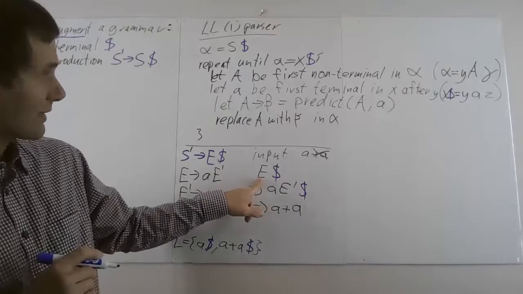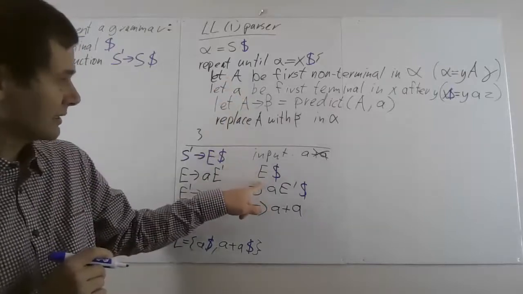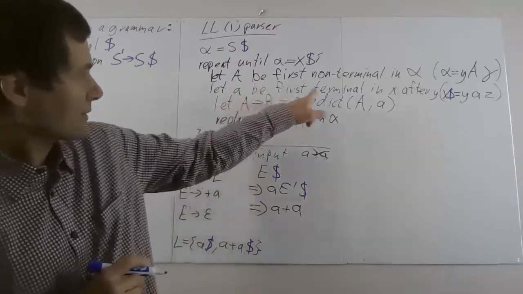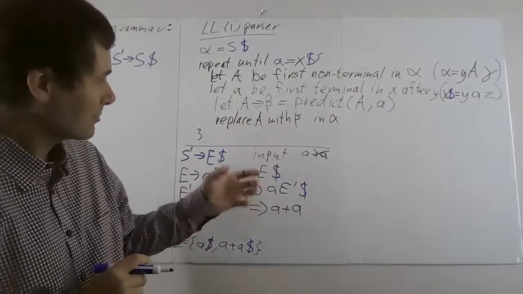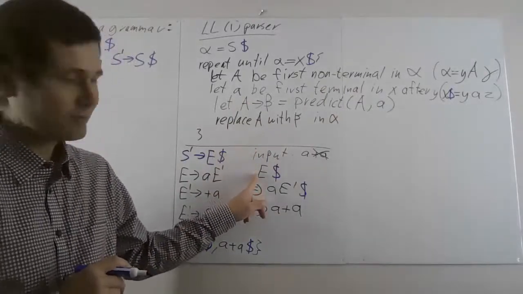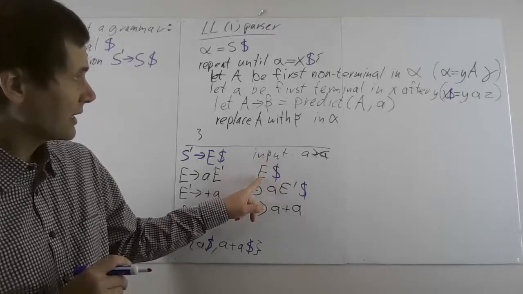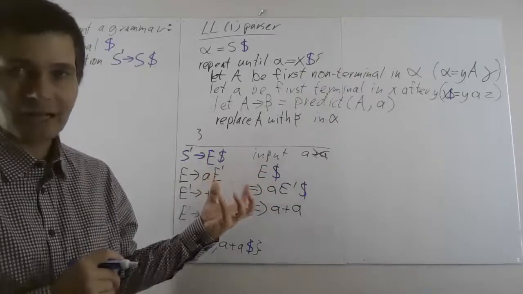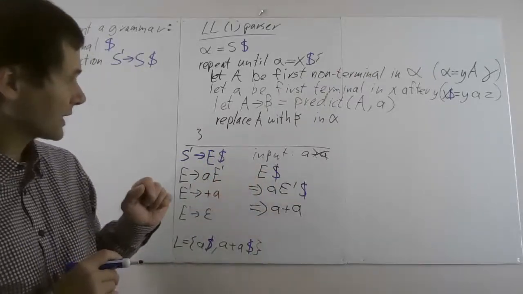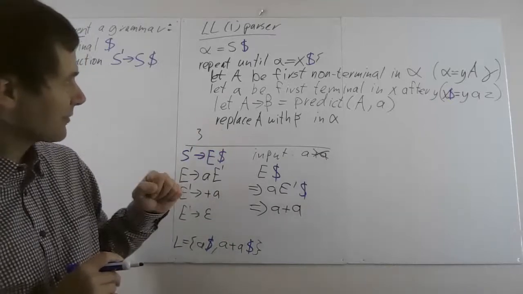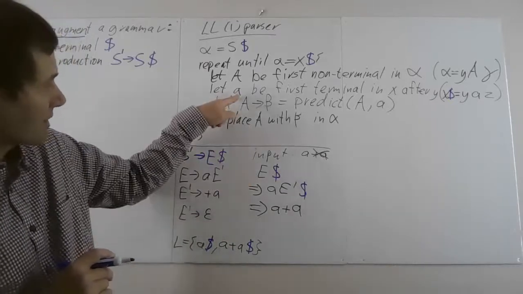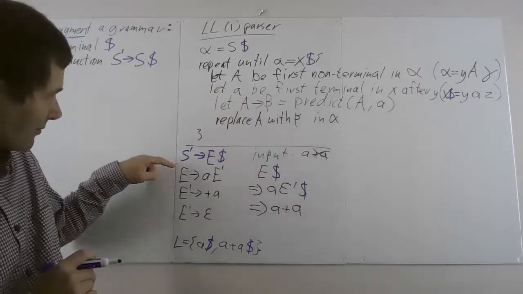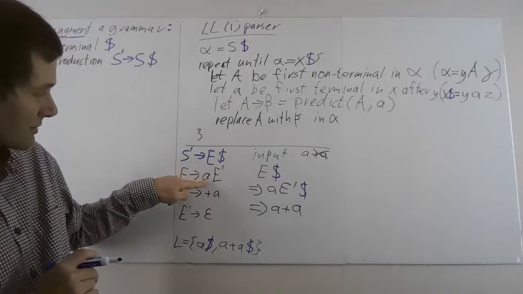At the very beginning, my big A is this big E, and my little a is the first terminal in the input after a prefix, but here there is no prefix, because E is the first non-terminal in alpha, and it's right at the beginning of alpha. So there are no terminals before E in alpha. It's the empty prefix. So for that first step, I'm trying to find a way to expand a big E to something that starts with little a.